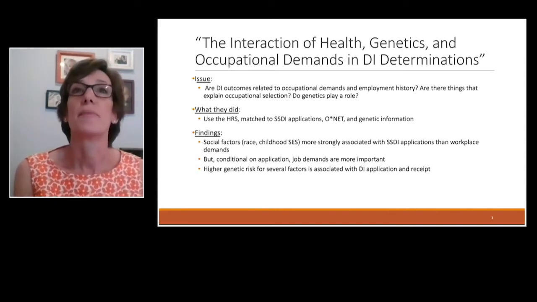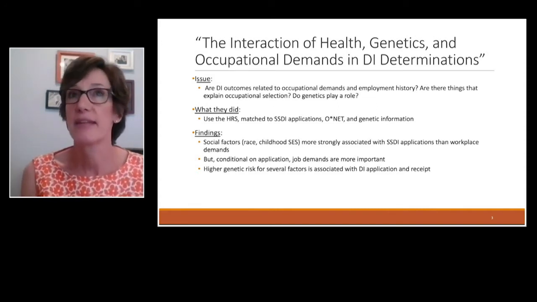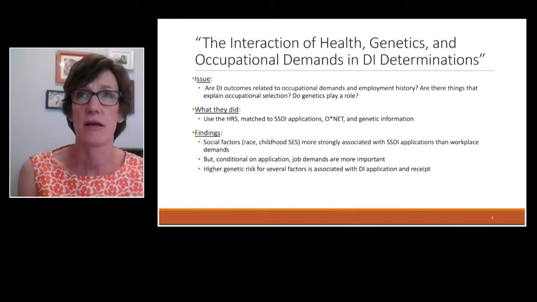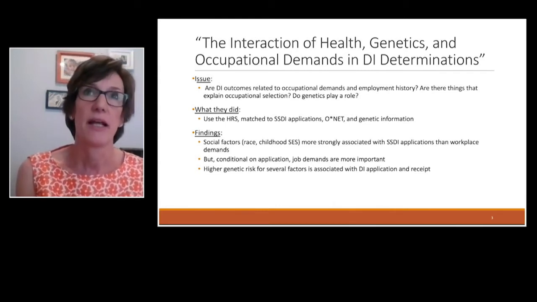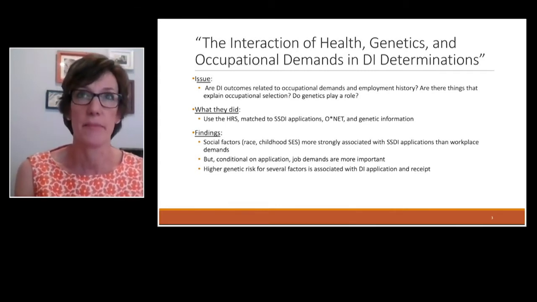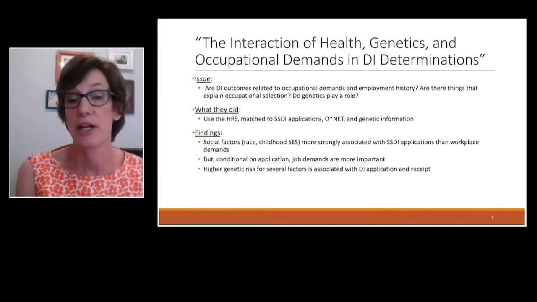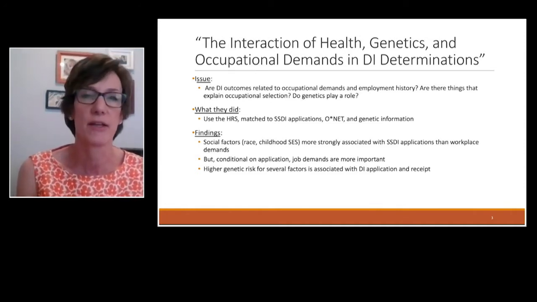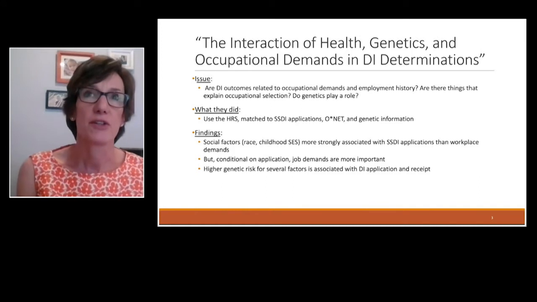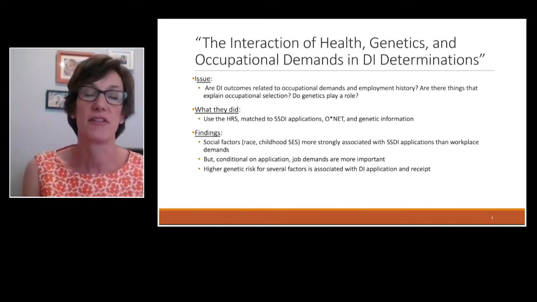Okay. So the first paper, Haradi and Schmitz, looks at whether occupations and occupational demands affect application for and receipt of DI benefits. They also look at genetic data to measure the genetic risk for several conditions. So they do find that when you look at the probability of DI application, social factors are actually more strongly associated with their DI applications than those demands of work.